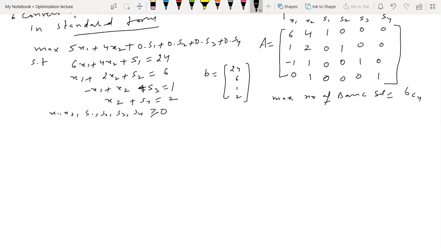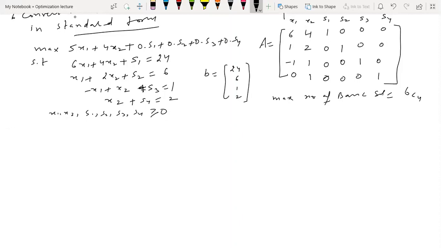It is a really high value, around probably 30. I think it's 30, 30 by 2, 15. So you have to evaluate 15 basic solutions. But I don't want to evaluate all the 15 basic solutions. I want an efficient way, so that by evaluating a lesser number of basic solutions I get to my optimal solution. That's what I'm looking for.